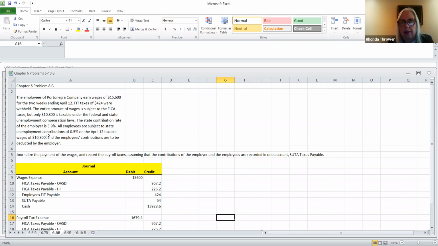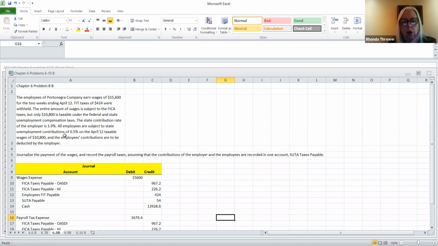If it's a state that has a whole lot of people that are unemployed, they have to find the money to pay those unemployed persons. So they deduct it, in this case, out of these employees, as well as the employer would have to contribute to the unemployment taxes for the state.